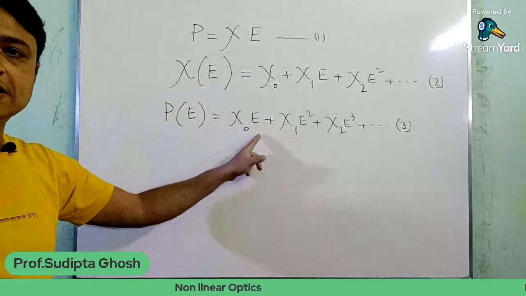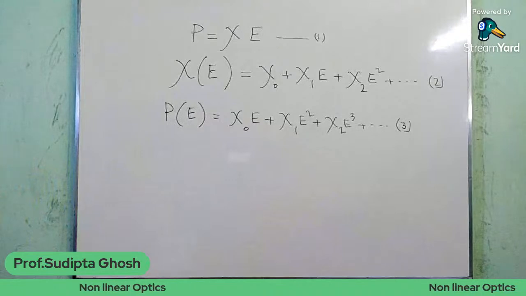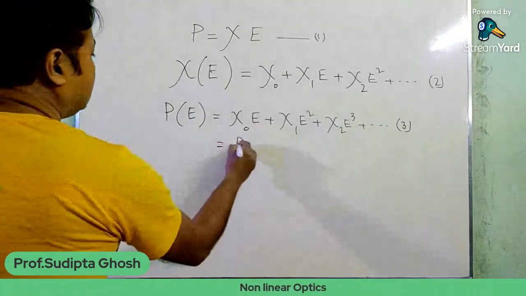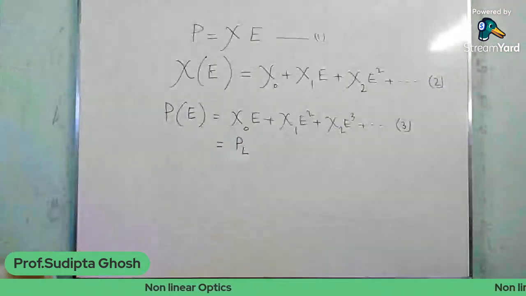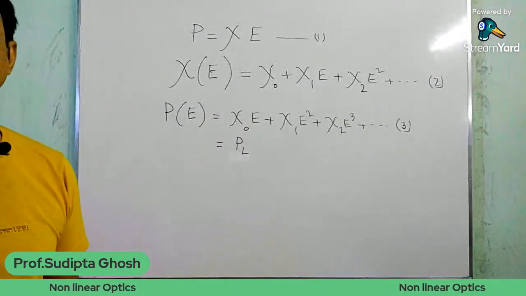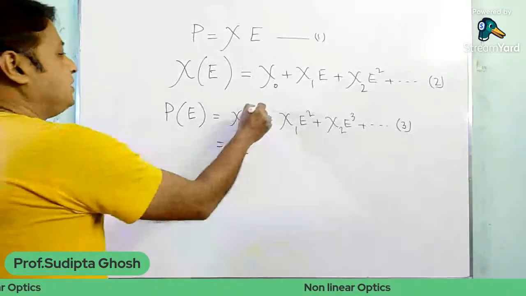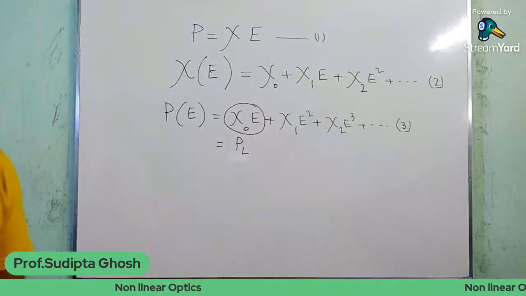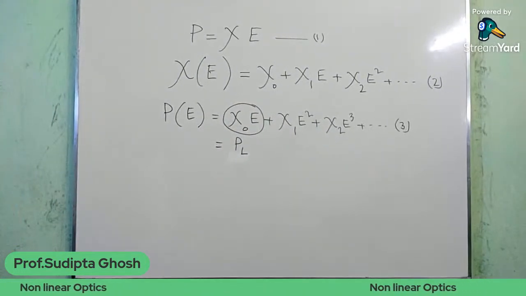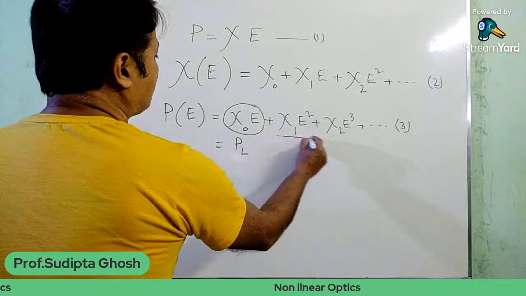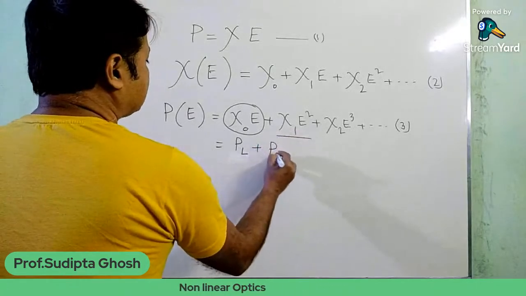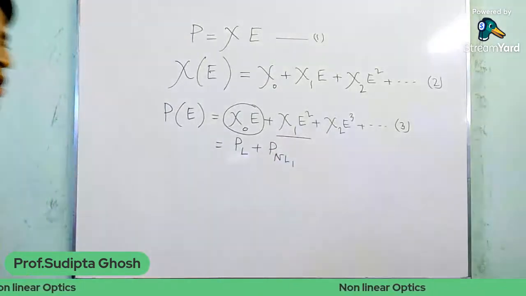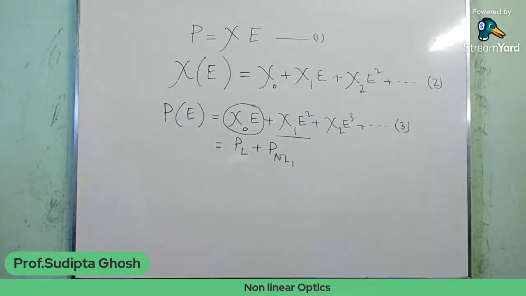So we can write it as the linear polarization term PL, that is chi 0 E. The first term can be written as the linear polarization PL, and then the second term, chi 1 E square, can be written as nonlinear PNL1, the first order nonlinear term.